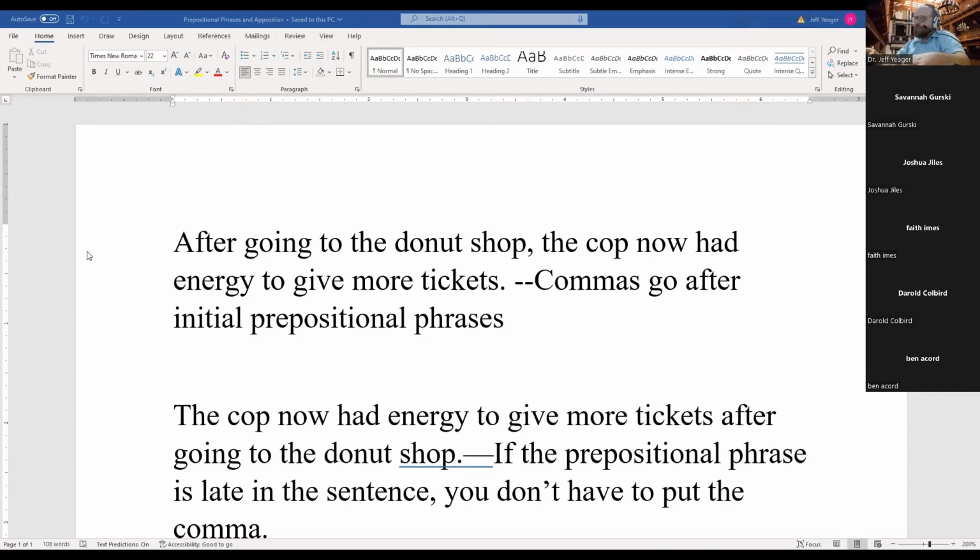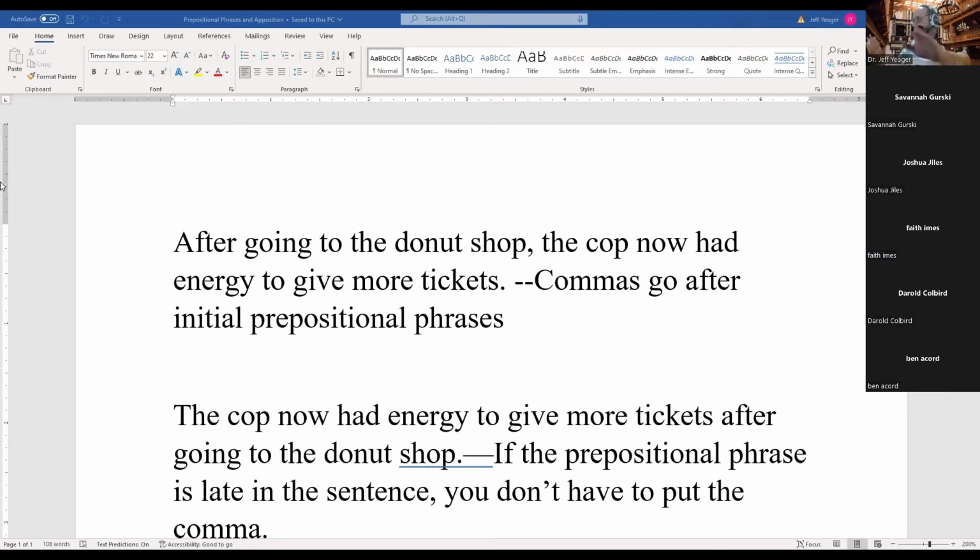I had a grade school teacher that said you can identify a prepositional phrase by asking yourself the question, where can a cat go? Right? Like to the store, to the animal shelter.